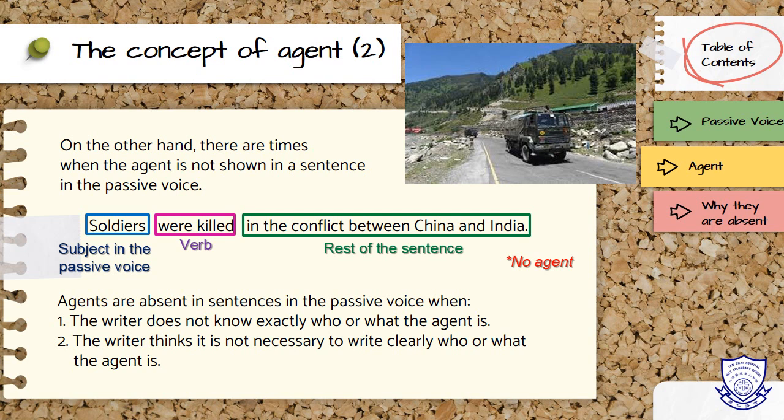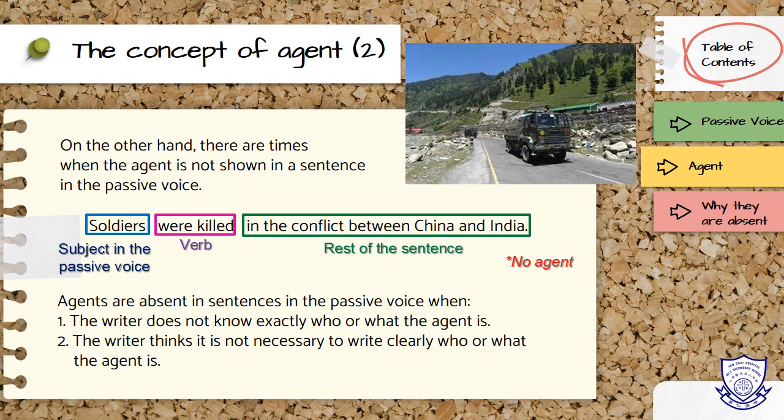On the other hand, there are times when the agent is not shown in a sentence in the passive voice. That means the agent is absent. Here in this example sentence, soldiers were killed in a conflict between China and India.